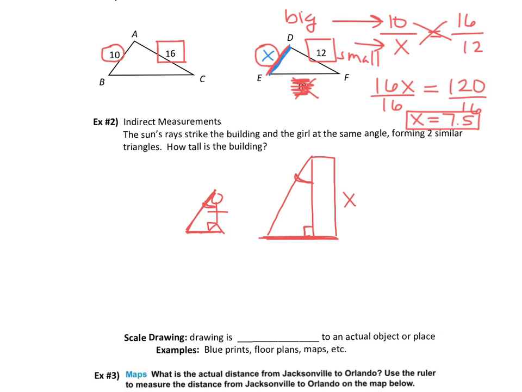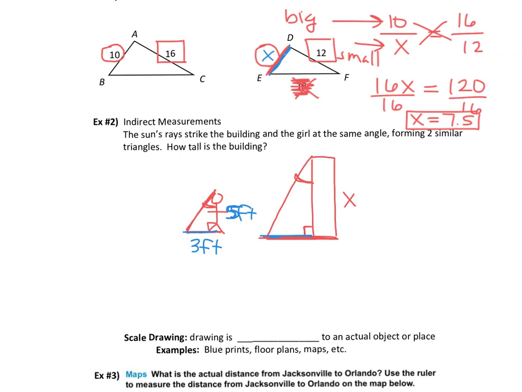So we end up with these two triangles that are proportional. They are similar triangles. What we want to know is, if the girl is 5 feet tall and her shadow is 3 feet long, and then we can measure the shadow of the building because the building's on the ground, right?